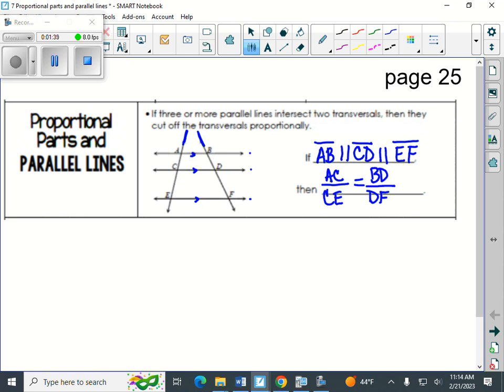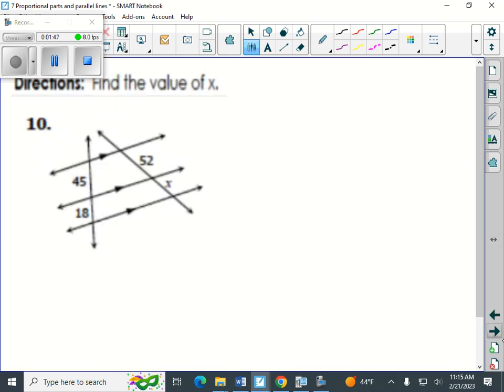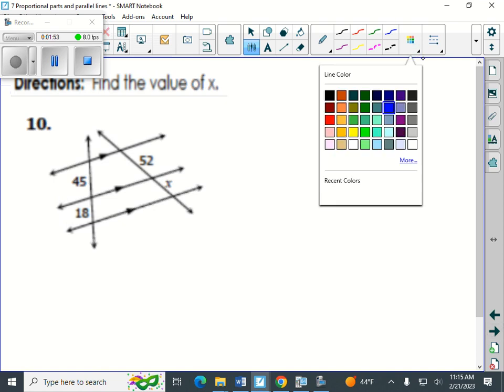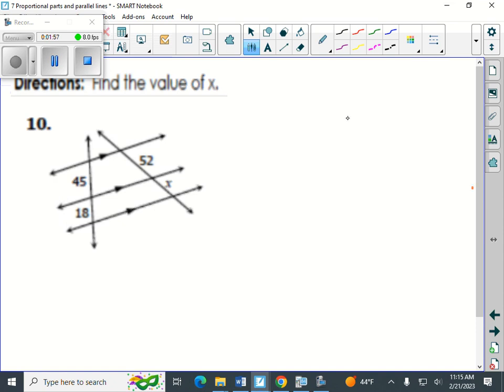So let's see how to use this, three or more parallel lines intersecting two transversals, by looking at a couple of examples here. We want to find the value of x. So what we can do on this particular problem is set up a proportion.